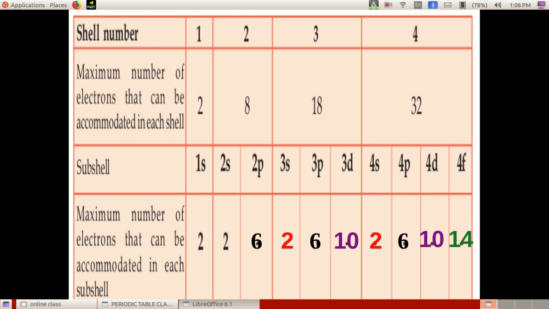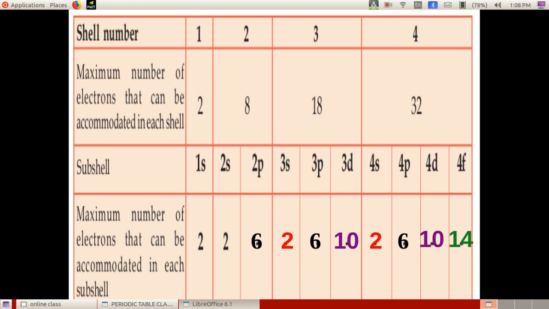In shell number 3, maximum number of electrons that can be accommodated is 18. It has 3 subshells, 3s, 3p and 3d. 3s can accommodate 2 electrons, 3p can accommodate 6 electrons and 3d can accommodate 10 electrons.